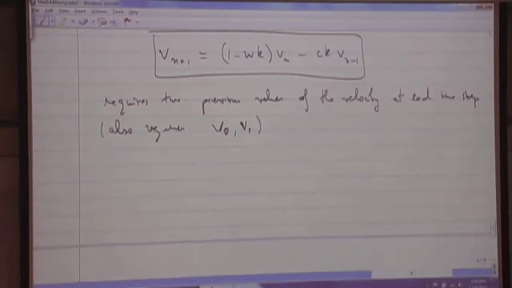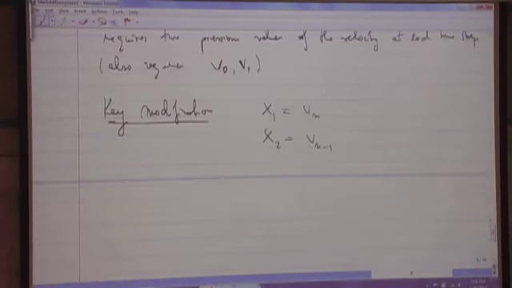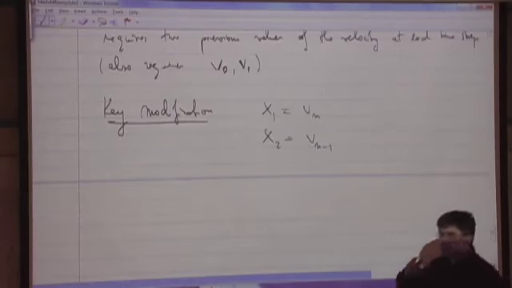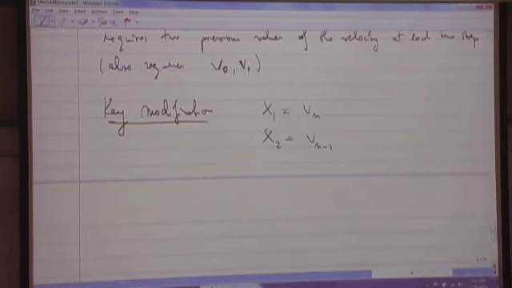But the key modification is to rewrite this in the following sense. So it's to consider the state variables as being the current velocity and the velocity of the previous step.